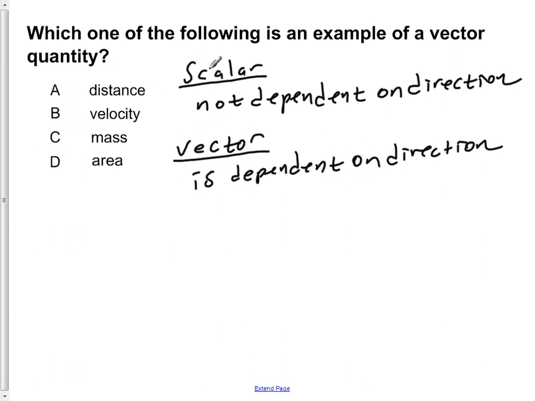So now if we go through our choices and see which of these conditions it satisfies, we can tell whether it's a scalar or a vector. So a distance. So if we moved around in a circle and came back to the same point, our distance would be the circumference of this circle.